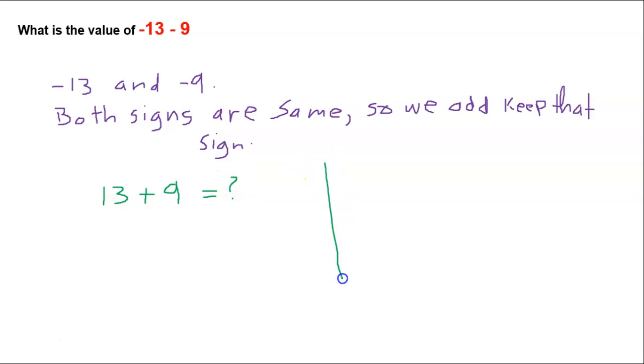Let's go in our margin and work it out. 13 plus 9. 9 plus 3 is 12. 1 plus 1 is 2.